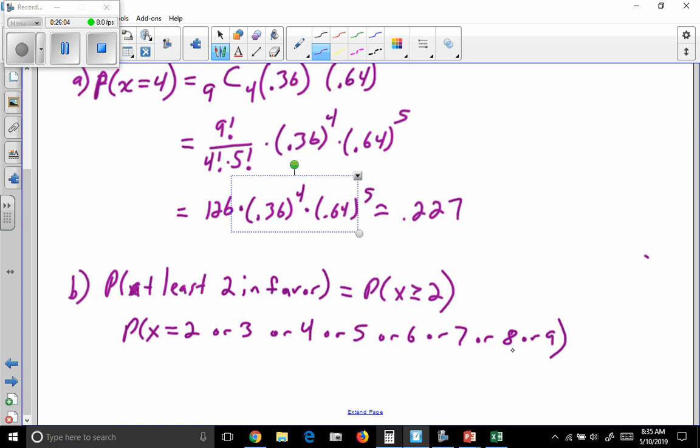Now, these are mutually exclusive. If I have exactly 2 successes, then I did not have exactly 3, or exactly 5. So we have to calculate each of these probabilities, and OR means add. There are no overlaps to subtract because these events are mutually exclusive, but still, that will be a lot to calculate.